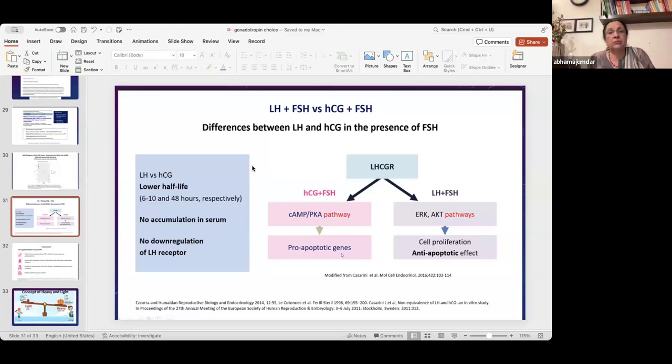So I don't understand why it should work better in LH receptor polymorphism. It is a case report. I think, Sophia, you must report and give an explanation of what you think is the reason that you got mature oocytes when you gave only agonist trigger vis-a-vis a dual trigger.